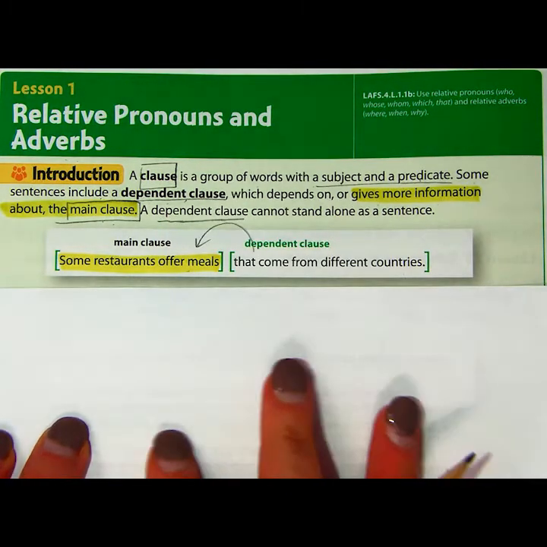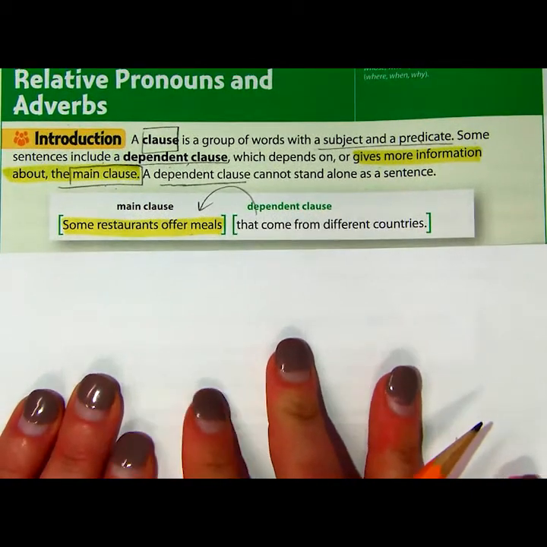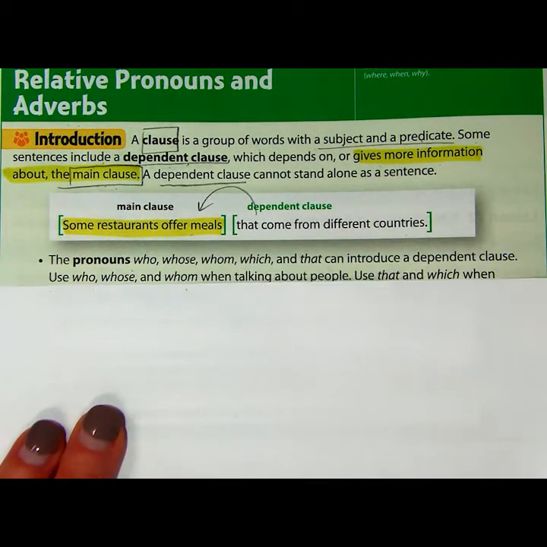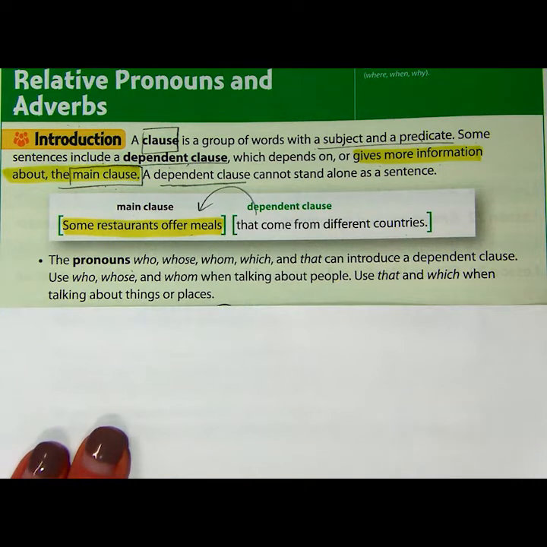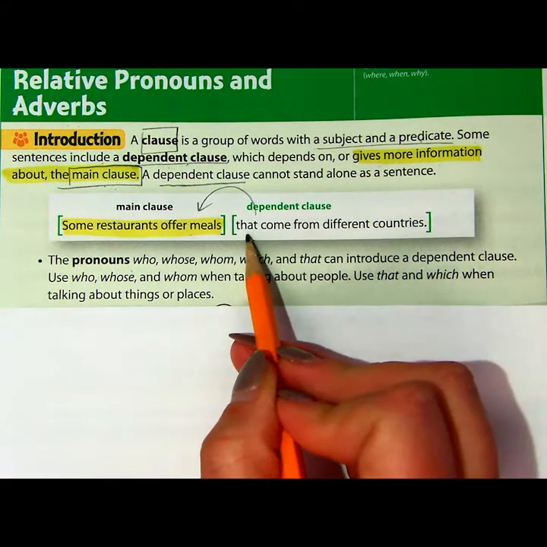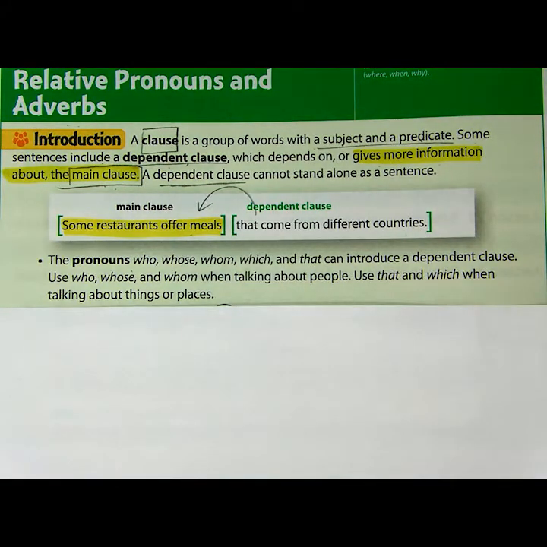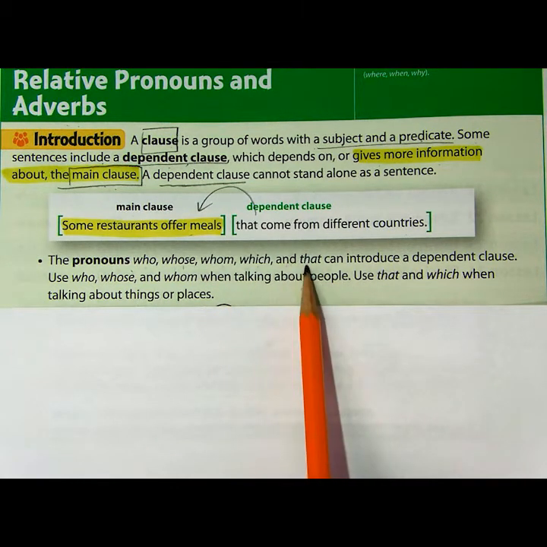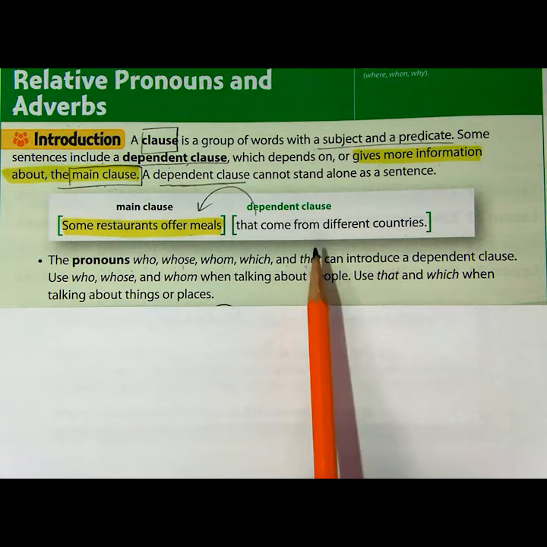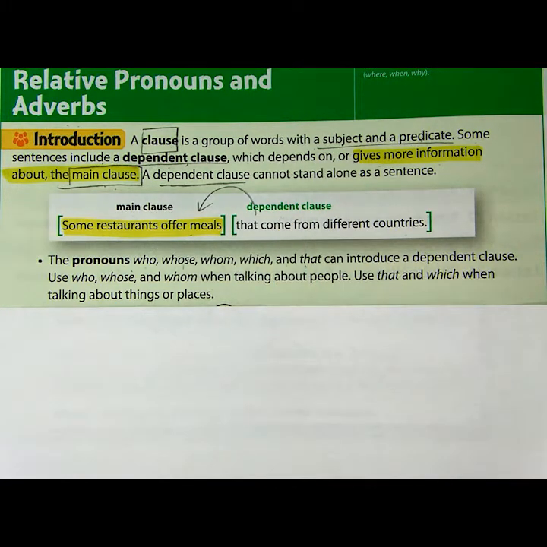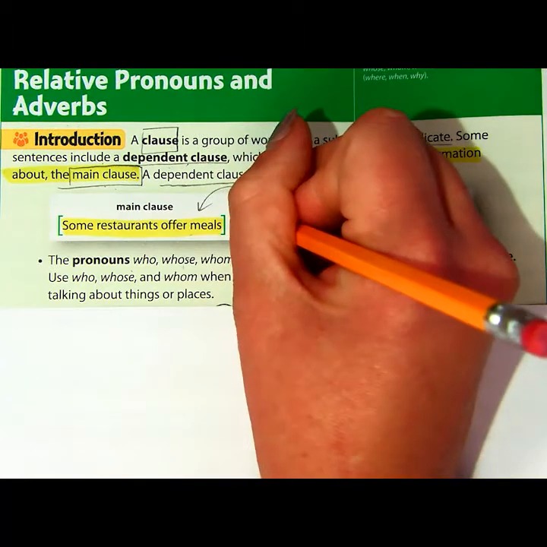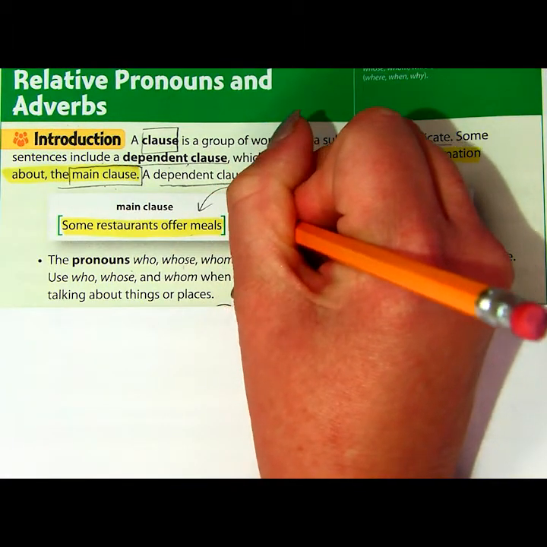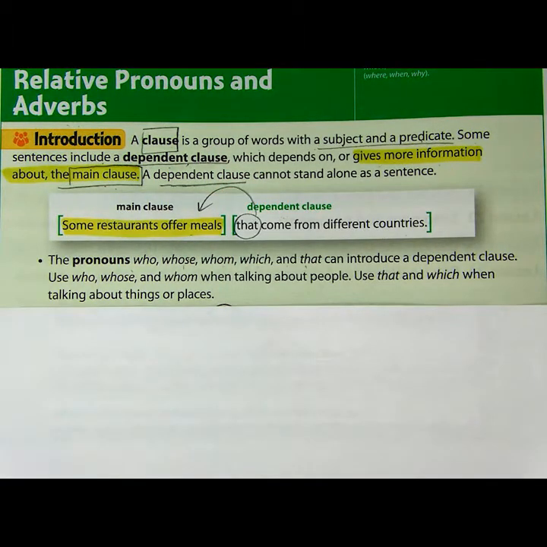Let's take a look at a few more. There was a word in this dependent clause right here that was an example of a pronoun. Pronouns include words like who, whose, whom, or which. Can also be the word that. These pronouns often are words that introduce a dependent clause. For example, I can see this pronoun right here: that come from different countries.